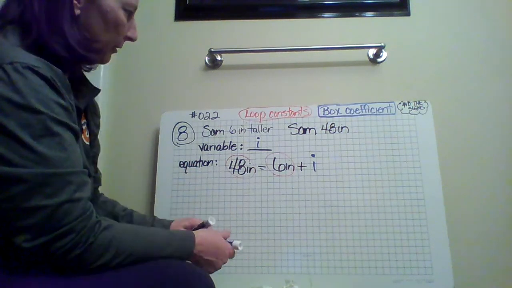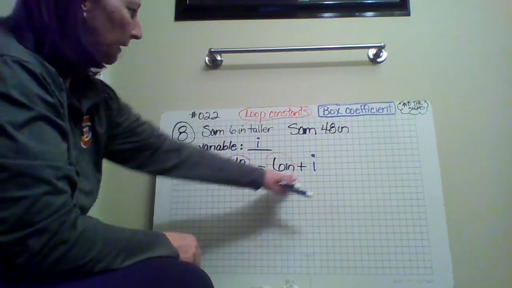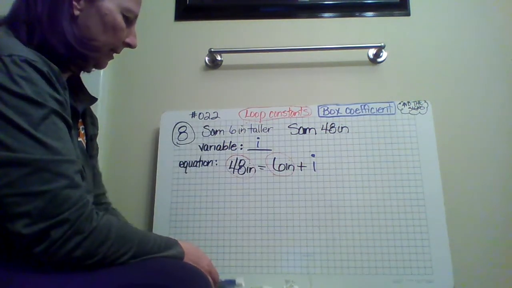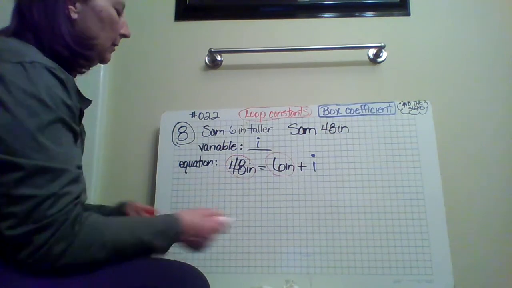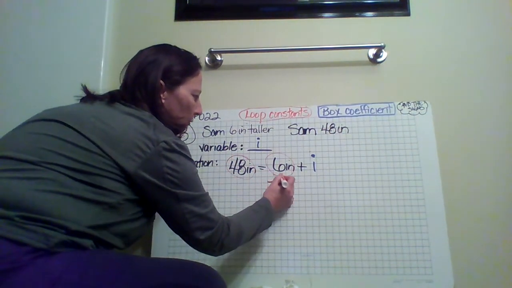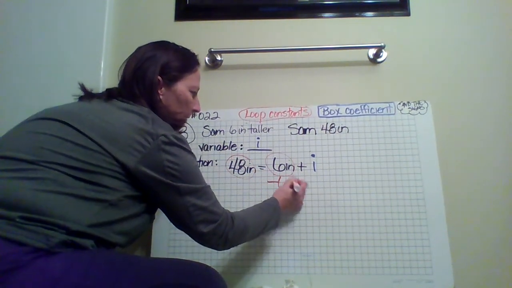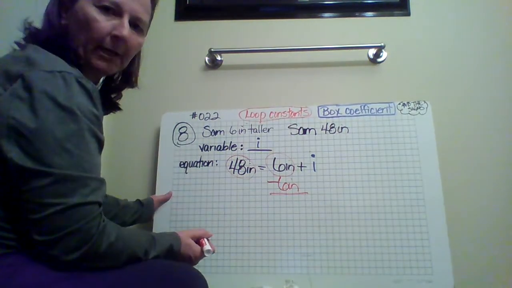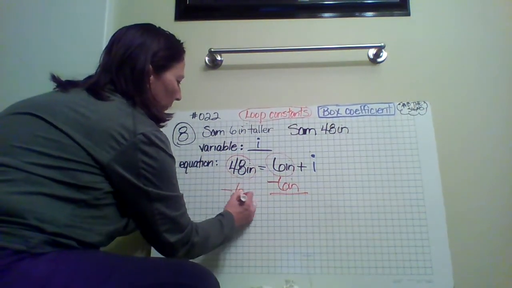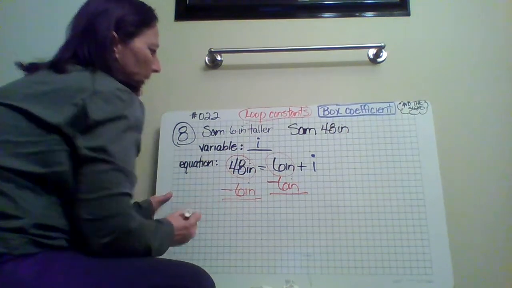The way that we're going to do that is to undo the addition. The way that I undo addition is to subtract. So I'm going to subtract 6 inches from this side. When I subtract from one side, I have to do the same thing on the other side.